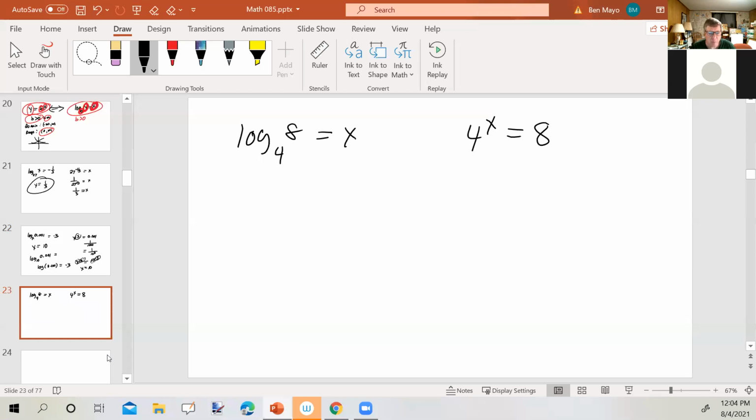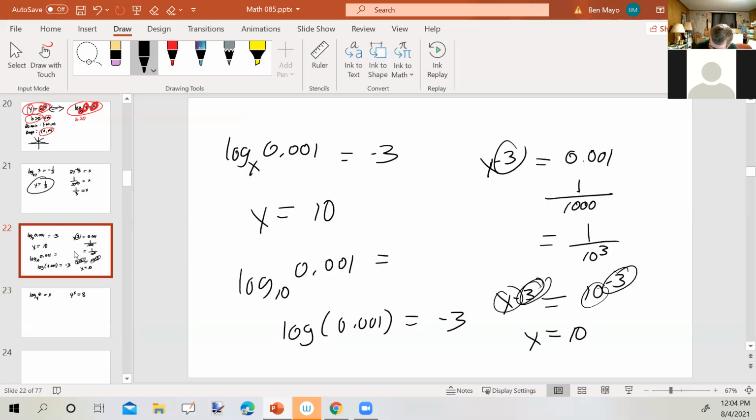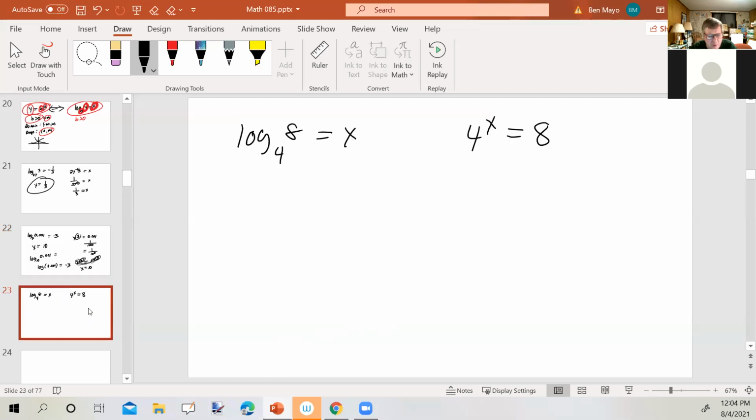Now, in the previous problem, I solved for x by getting the same exponent, right? I got it so that the exponents matched, then the bases had to be the same. Well, here I'm trying to solve for the exponent. If I could get the bases to be the same, then the exponents would be equal. I don't know how to take 8 and write it as 4 to some power, at least not off the top of my head.